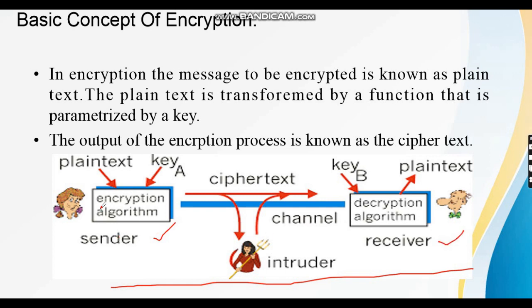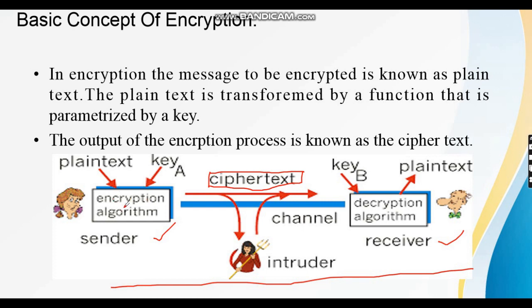The sender is trying to send the data to the receiver. Here it applies the encryption algorithm to the plain text, and after applying the encryption algorithm, the plain text converts into a ciphertext.